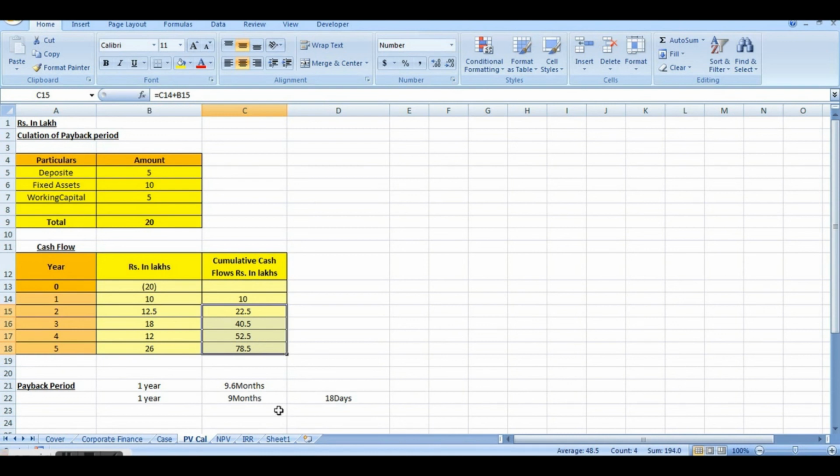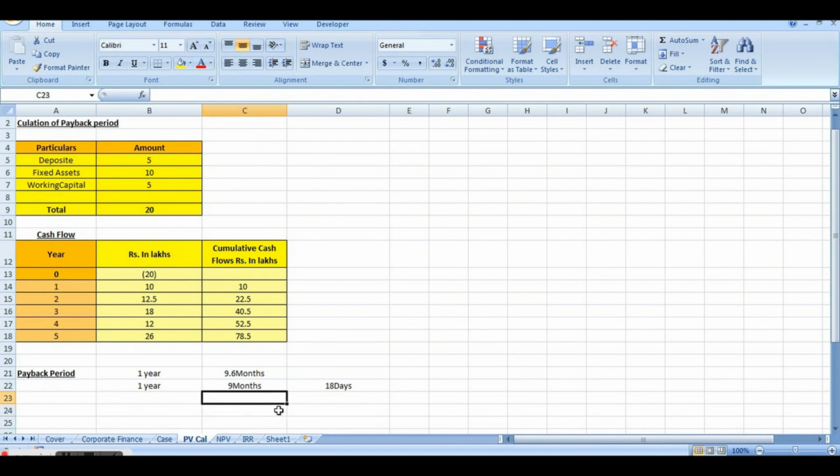Now after this we will try to learn the next methods, that is the net present value method and the internal rate of return method. But before that, in what cases is the payback period method useful? We have already seen the usefulness and the limitations of payback period: yes, it is pretty easy to calculate, and it gives you the time period in which you get back your investment.